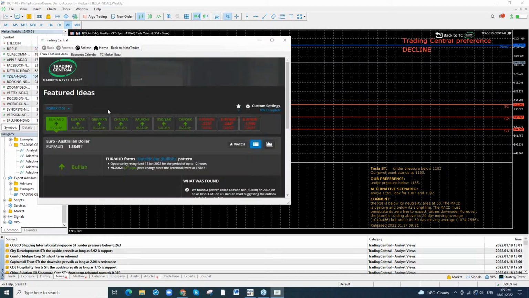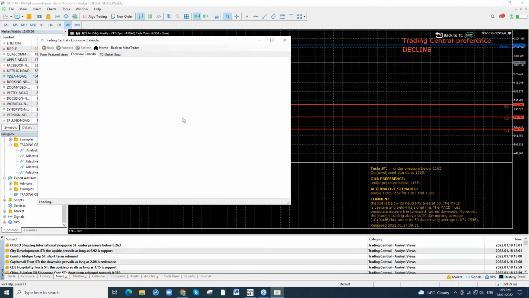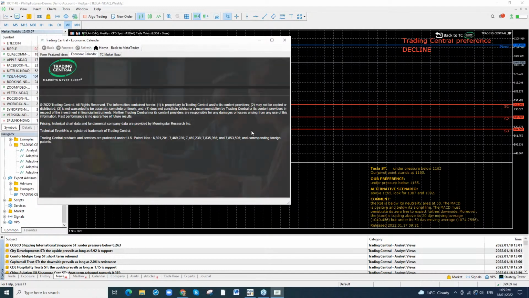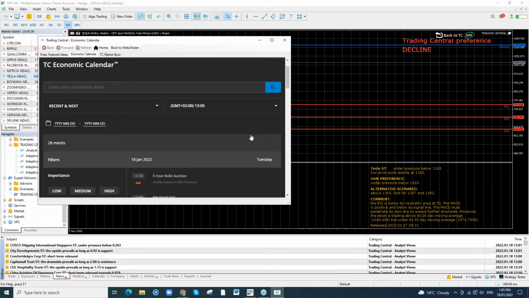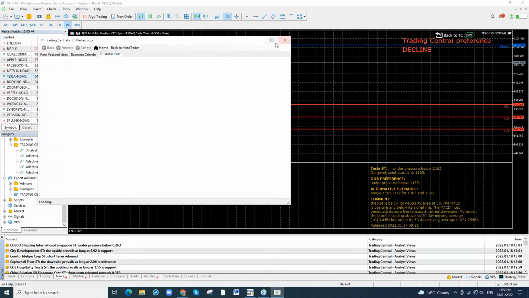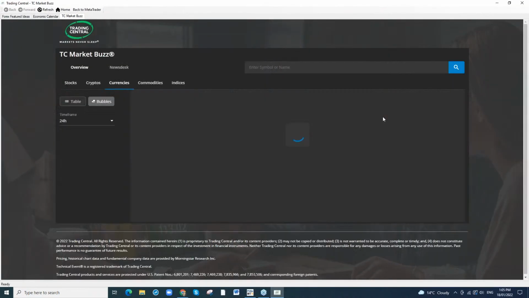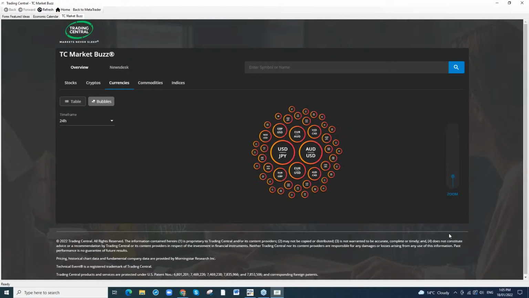First one popping up is Feature Ideas. Then the second one, a new addition, which is an Economic Calendar. And the third one is Market Buzz. I recommend you expand the window and you can get full access to our tools.